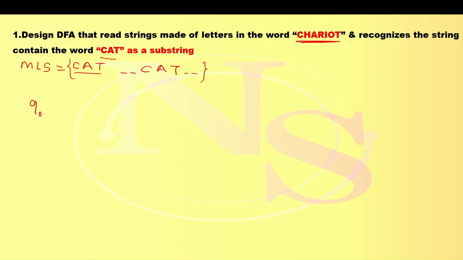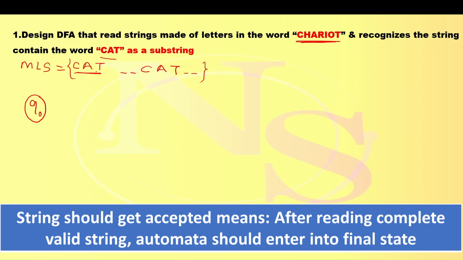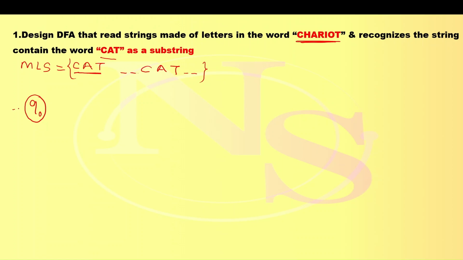First state is Q0. The first string is CAT. CAT should get accepted. It means that by reading CAT, the automata should reach the final state. So Q0 is the starting state. Q0 reading C goes to the Q1 state. C should not get accepted, hence it's non-final. The next symbol is A. CA should not get accepted, hence Q2 is non-final.